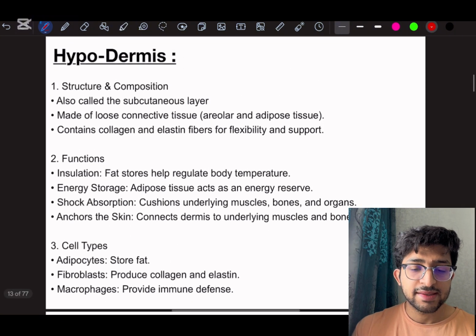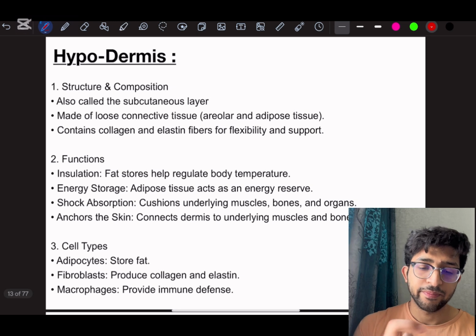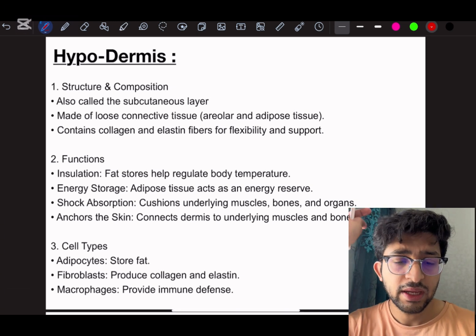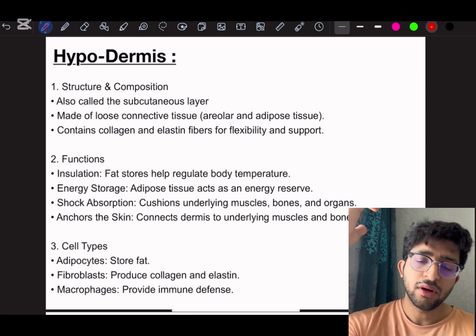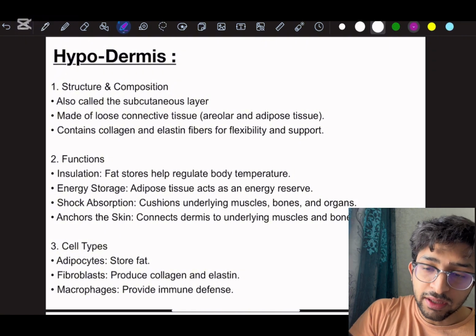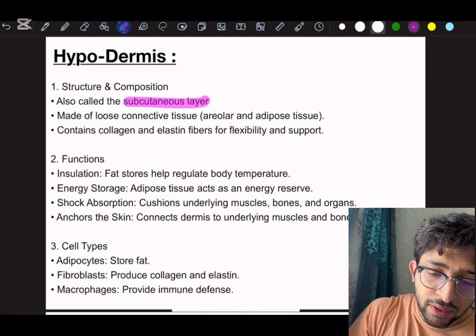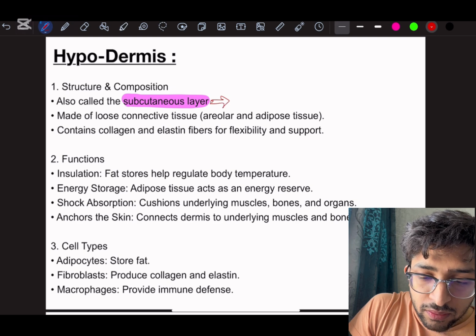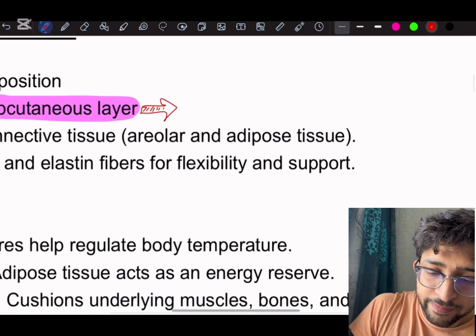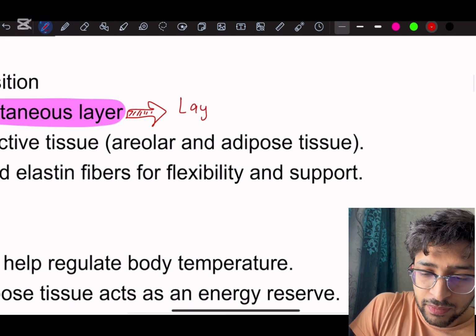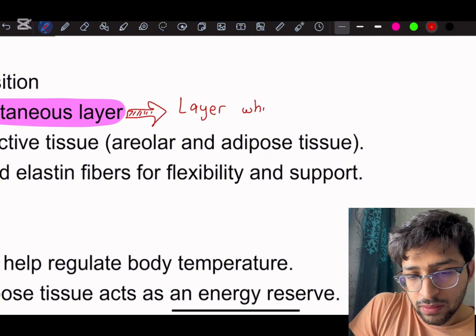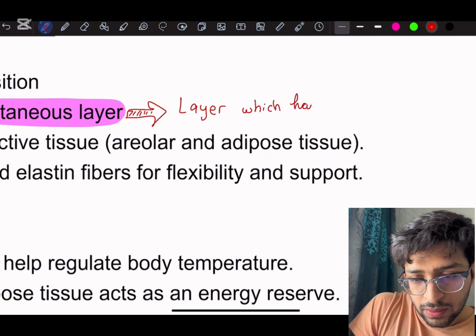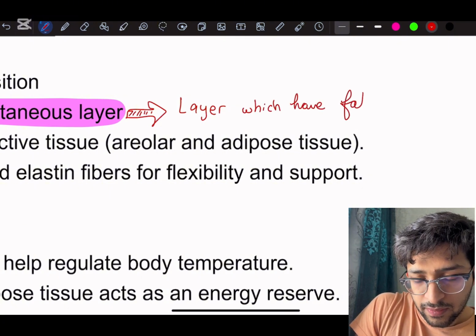Now the last thing is the hypodermis. Basically the hypodermis is a subcutaneous layer. Subcutaneous means the layer which has fat.